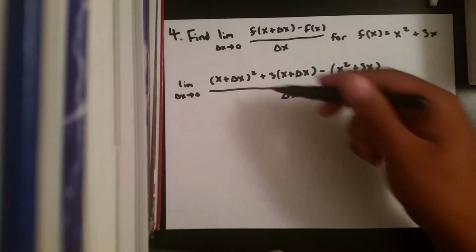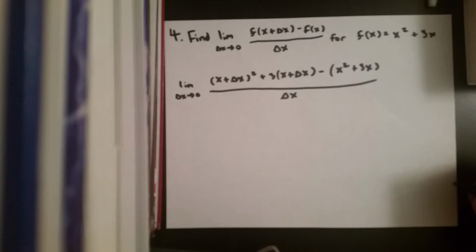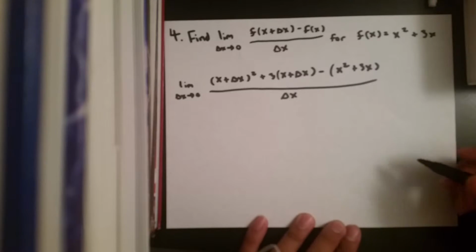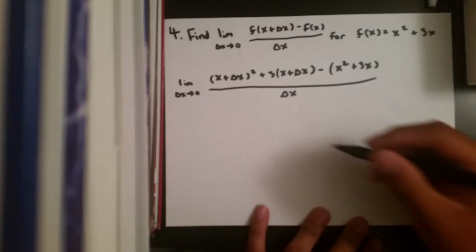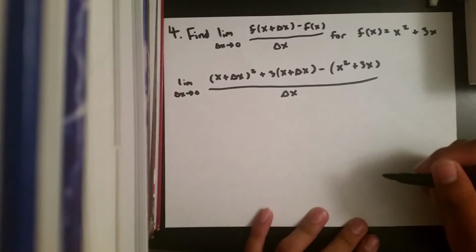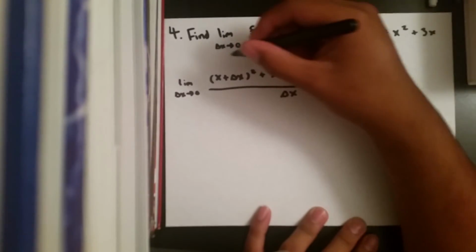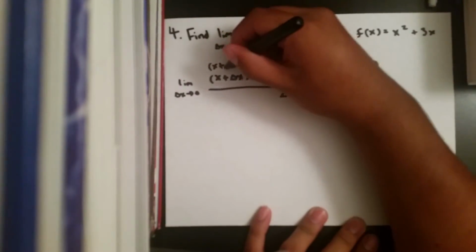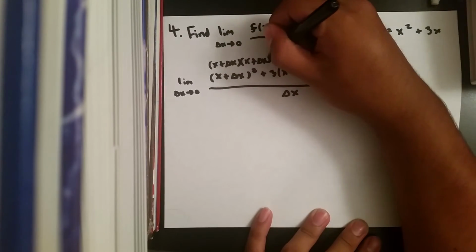Now what you're going to want to do is just simplify what you can. X plus delta x squared, factor that out, which is x plus delta x times x plus delta x.